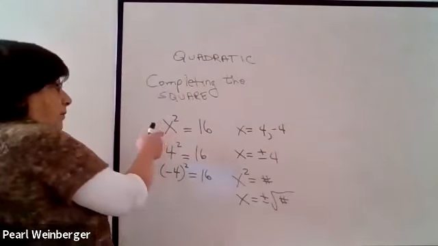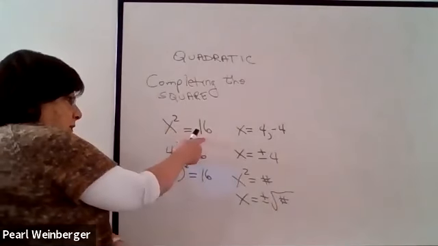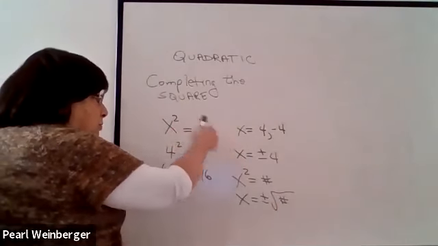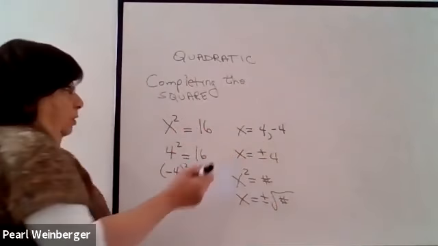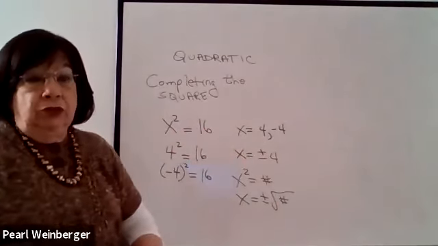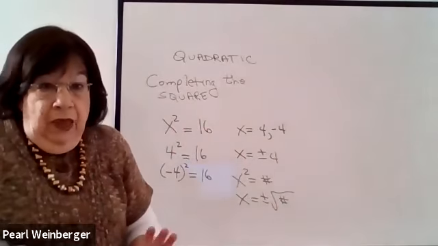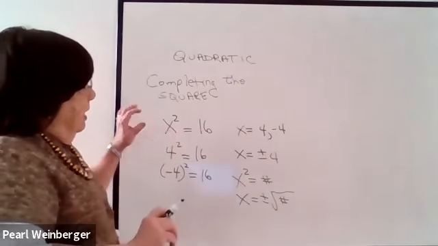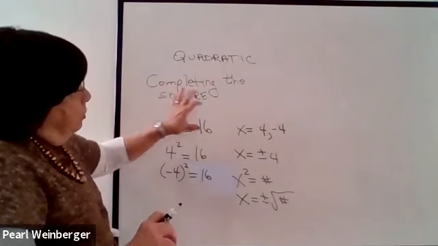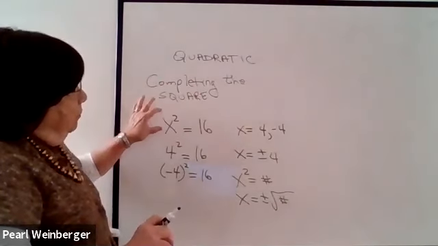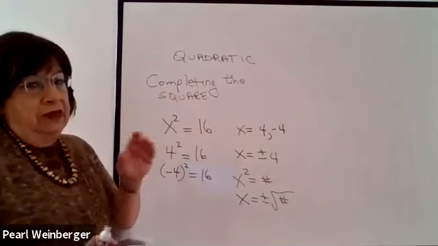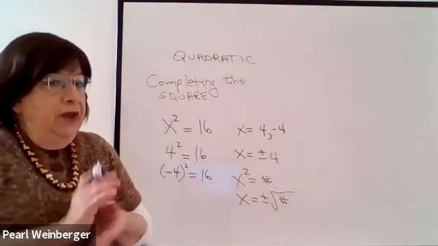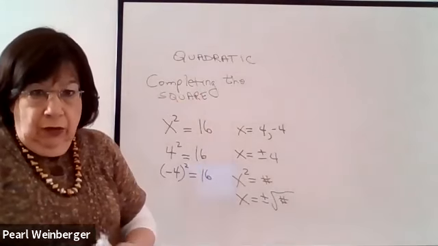In other words, if we got x squared equals 16, then x was plus or minus the square root of 16, which is 4. And that's what we call an incomplete quadratic equation, where the only type of term we have is an x squared. We don't have any plain x term in it at all.